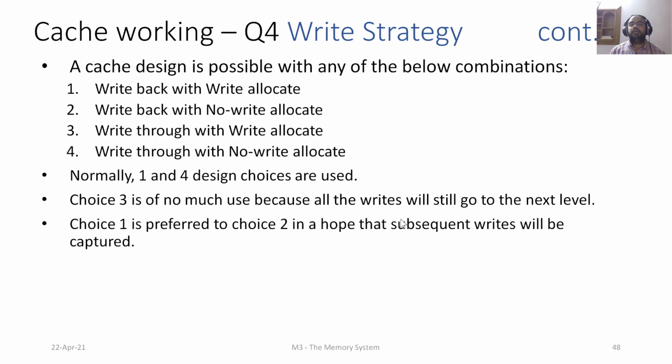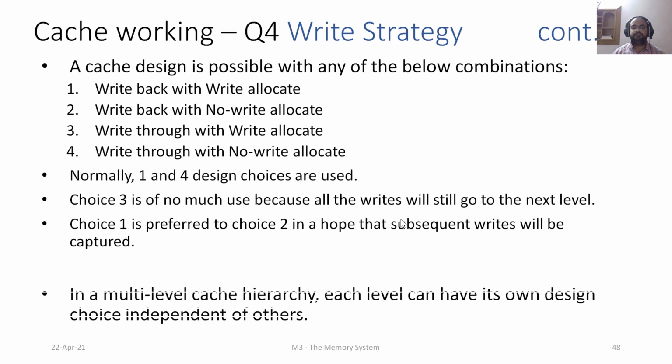And if we look at write back caches with write allocate and no write allocate, like I said, if we suspect a reuse of data, then it would be good to go for the write allocate policy. Accordingly, we have write back with write allocate policy, which is more prominent than no write allocate policy.